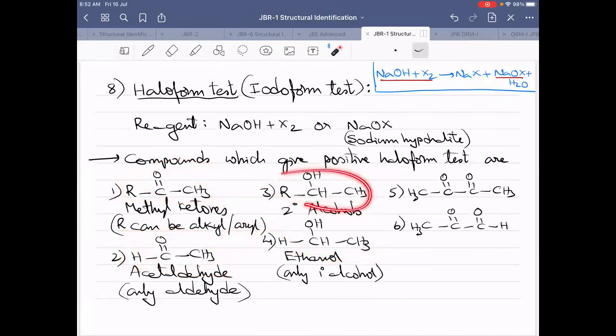These compounds will be converted into those compounds during the reaction. Simple point, you can write like that: the third and fourth compounds will be converted into the first and second compounds respectively during the reaction. And thereafter, as the methyl ketones are present, they will give the same reaction as expected of methyl ketones. Understood?